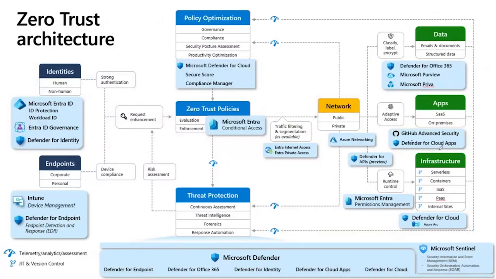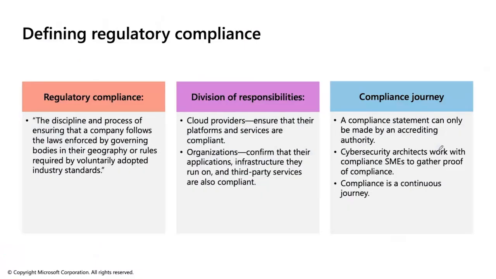Now, here we see different kinds of regulatory compliance in different organizations. What are these regulatory compliances? These regulatory compliances are, you can say, the discipline. These are, you can say, guidelines that any organization is following.